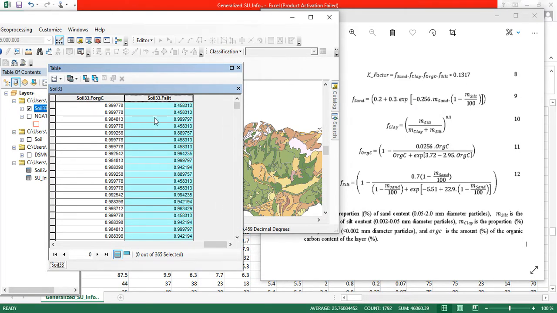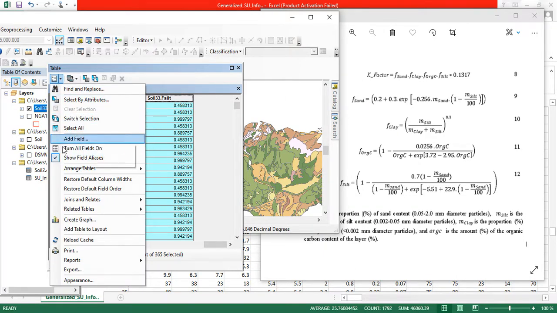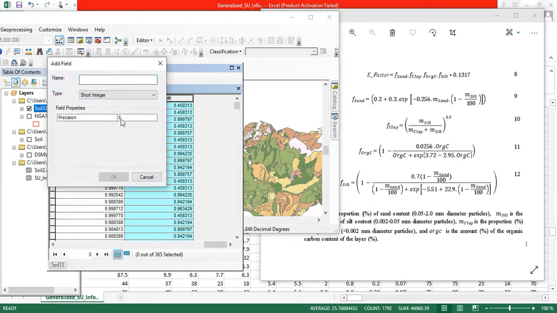So we're going to introduce another field for our K factor, which you can now tag as K factor.